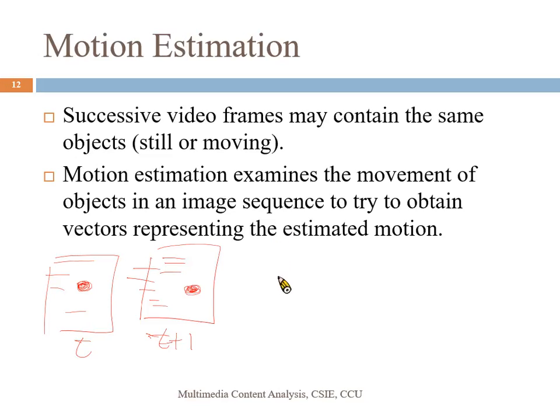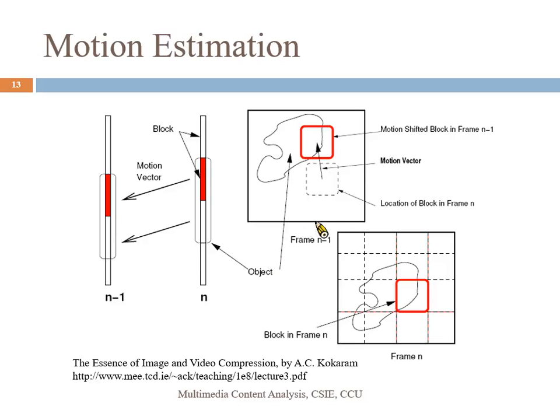analysis. In addition to video data compression, motion information is also very important for us to understand the behavior or the events occurring in video. So here is an example. For two successive video frames, there is an object here, and then here is another; this object may move from the top to the bottom. And how do we estimate the motion?